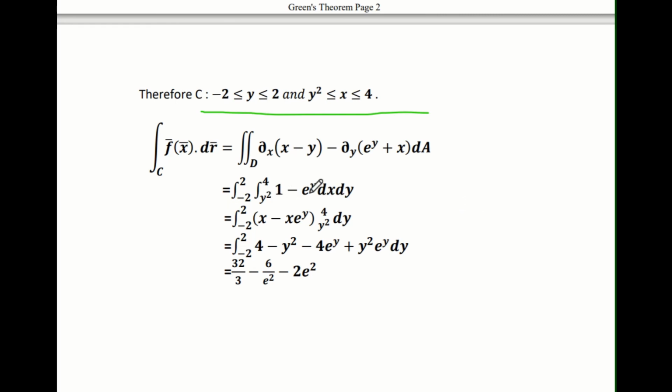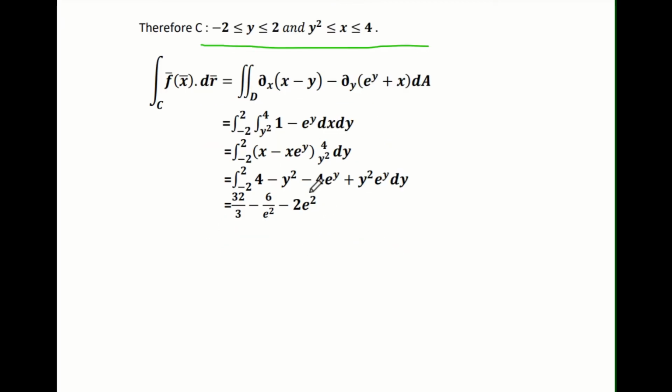Integrating this with respect to x is not so hard: we multiply by x, and then we take it from y squared to 4. Substituting these values, when you put in 4 you get 4e to the y, and when you put in y squared you get y squared e to the y.